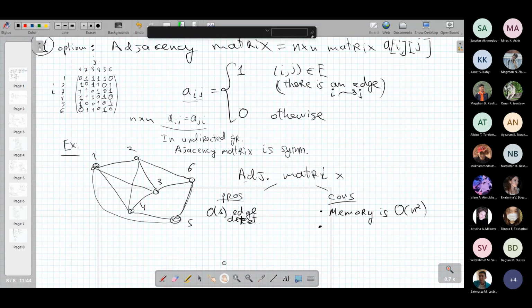For example, take a social graph, like Instagram or Facebook, where the vertices are the people and the edges are the relations between people, meaning friendship or following. If I follow you, there is an edge from me to you. In this graph, there are lots of people, but not that many connections.